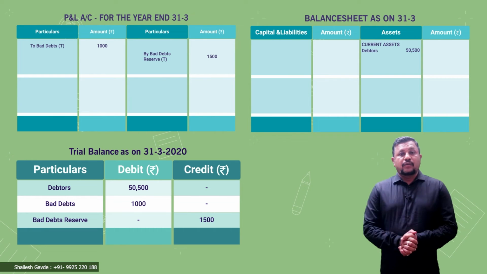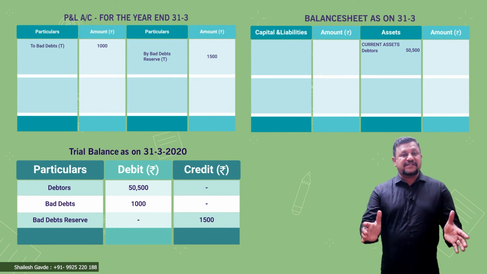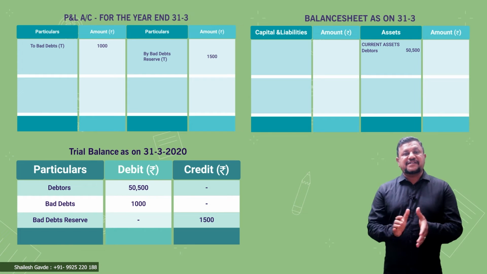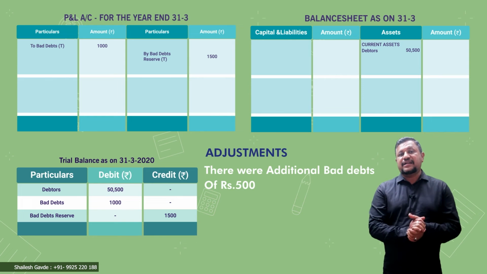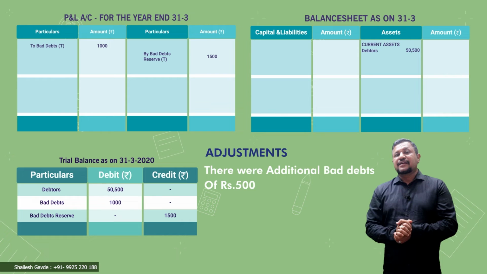credit side. Well, now if we take the effects of adjustments, the first adjustment, there are additional bad debts of 500. These are new bad debts which we have to record. The first effect, from debtors in current assets, will deduct 500 rupees.